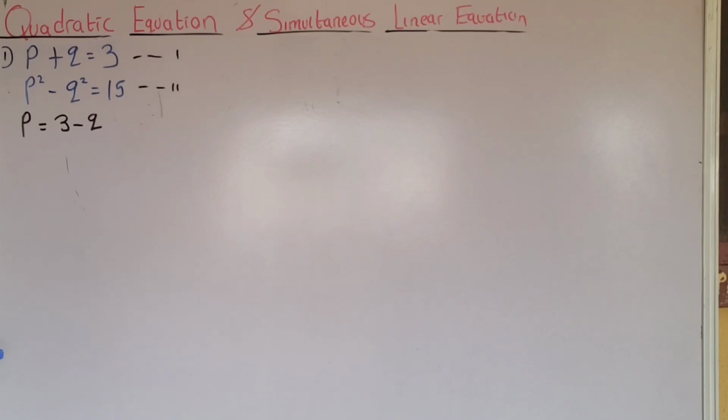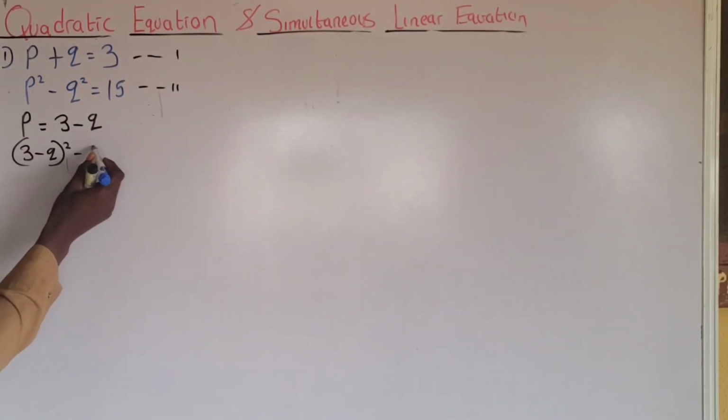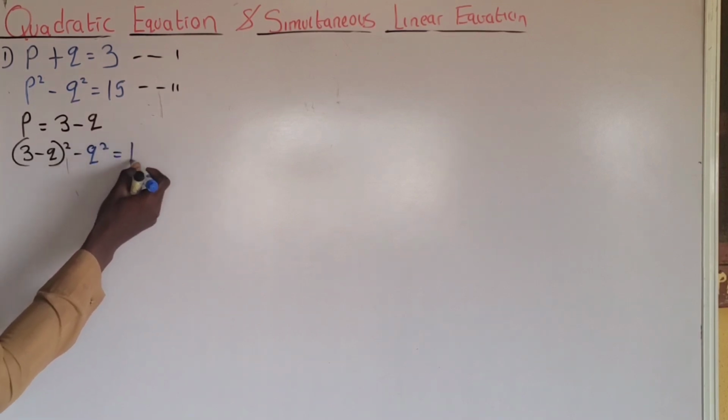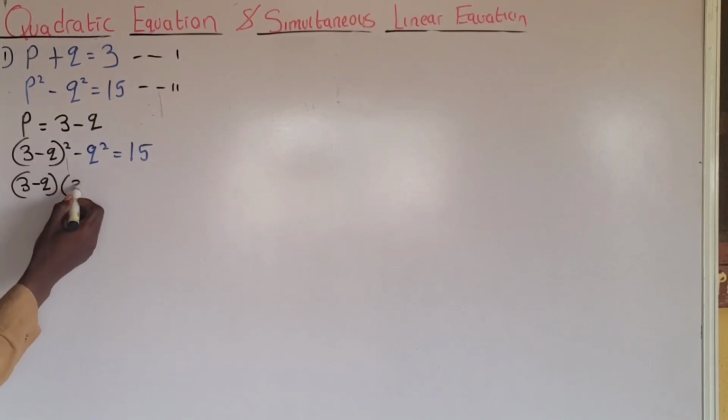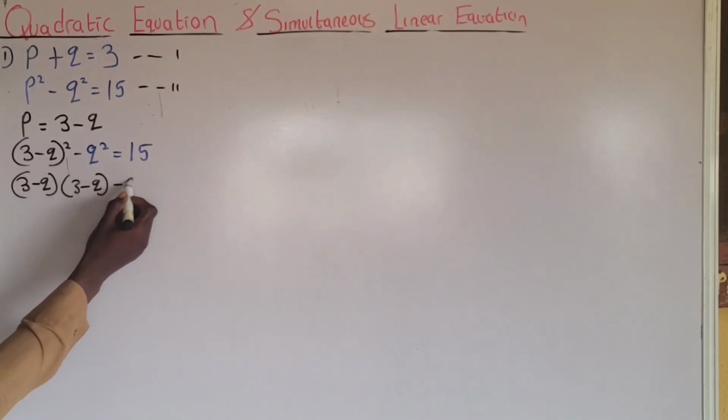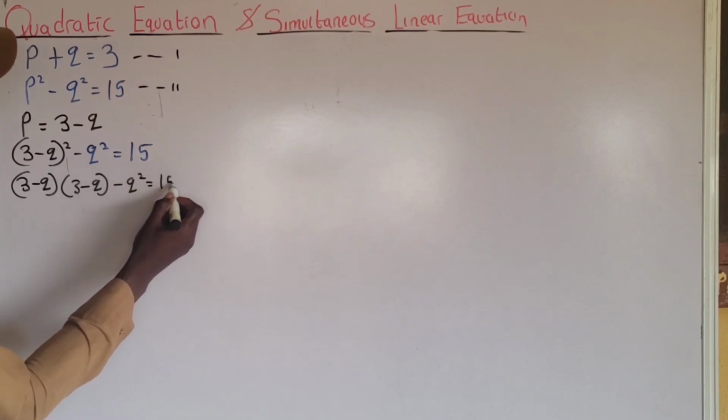So the equation becomes like this. Instead of p, I'm going to have 3 minus q, so I'm going to have (3 minus q) squared minus q squared equals 15. Now let us expand the bracket. This is (3 minus q)(3 minus q) minus q squared equals 15.